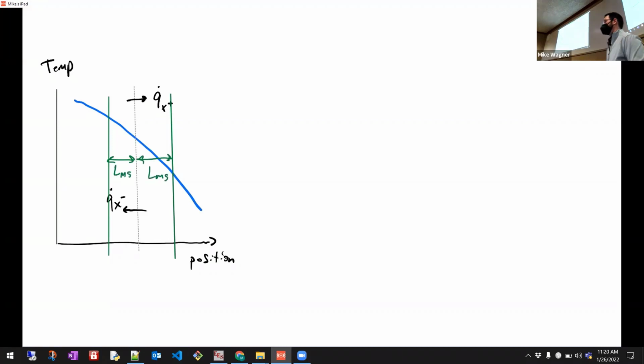LMS is the microscale length. Let me make a note here: LMS is the distance between microscale (MS) energy carrier interactions.